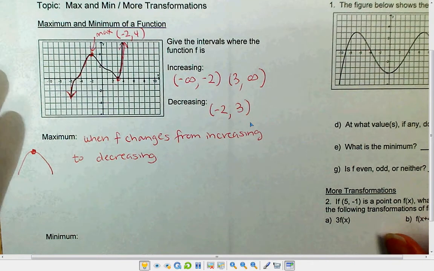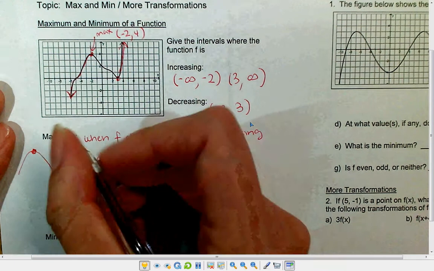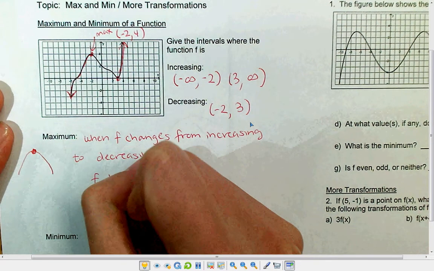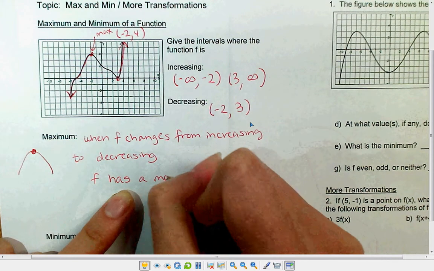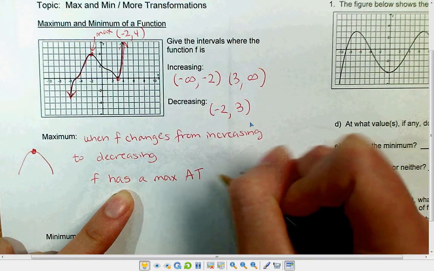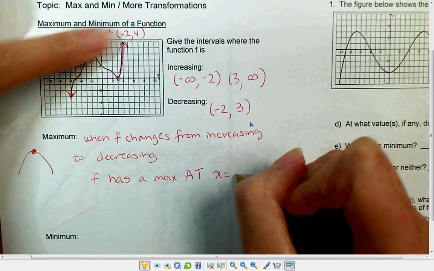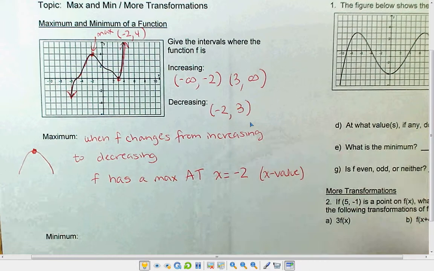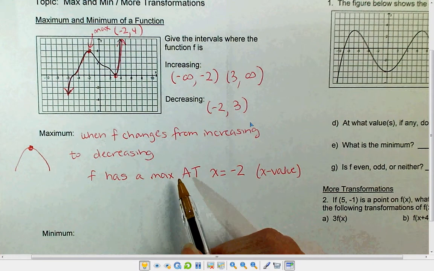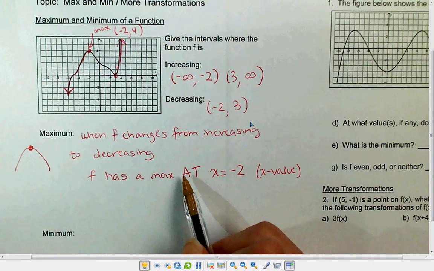There's two different things I can ask for here. So when you are asked where f has a max, f has a maximum at x equals -2. So this is your x value. Whenever you're asked where it is located, so where the max occurs, this maximum occurs at x equals -2.